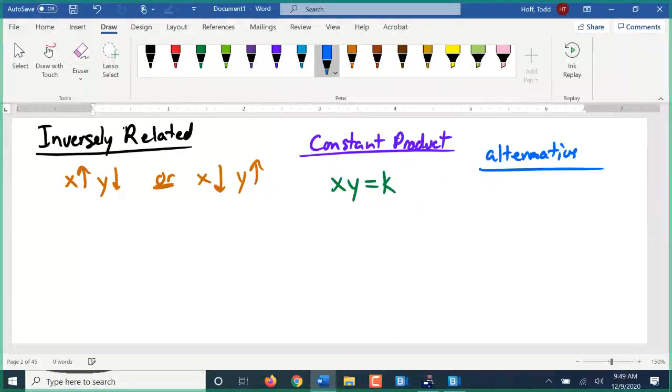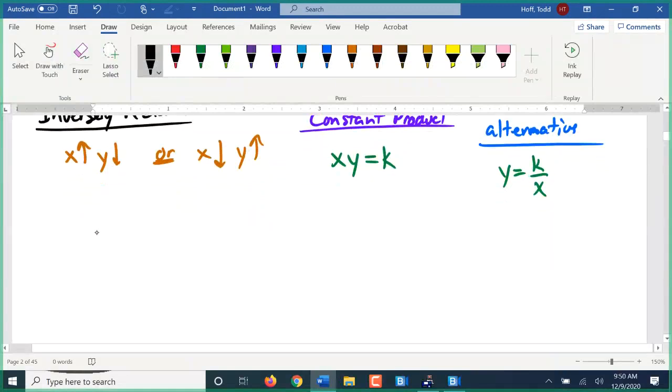Rather than x times y equals a constant, we want it to be y equals something. So if we divide both sides by x, we get y equals a constant divided by x. So direct variation was y equals a constant times x. In inverse variation, y equals a constant divided by x.